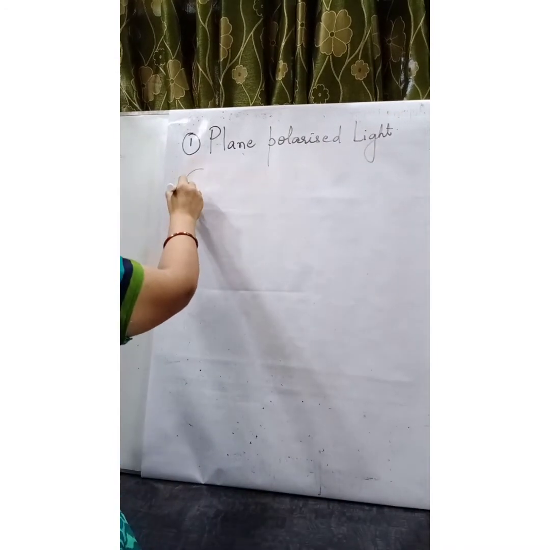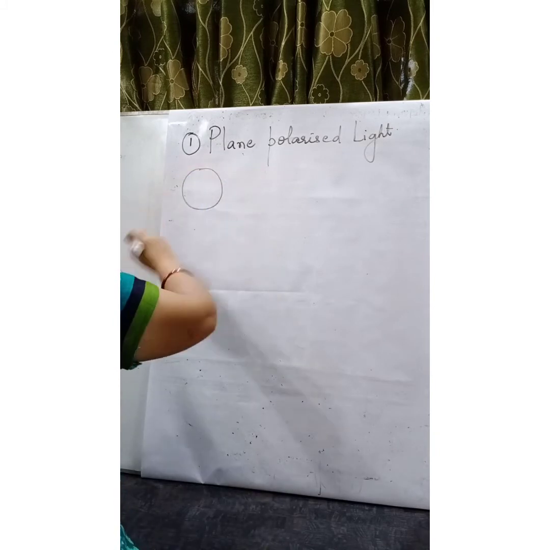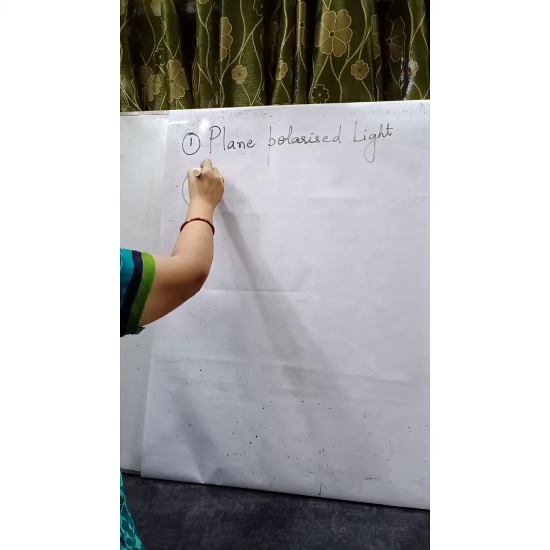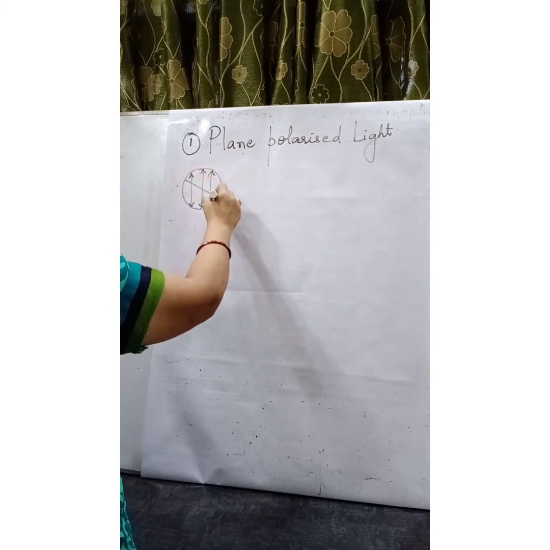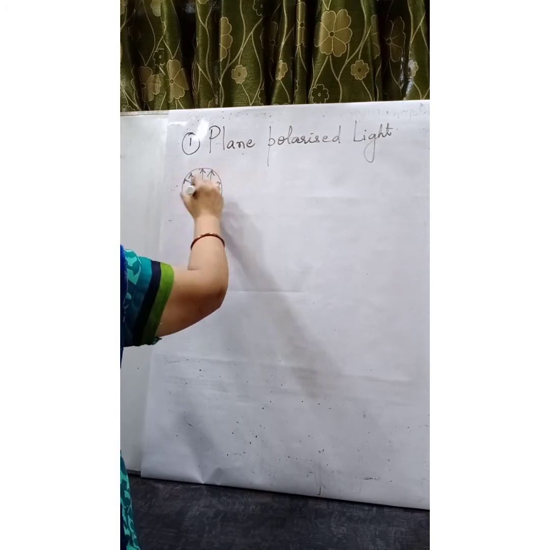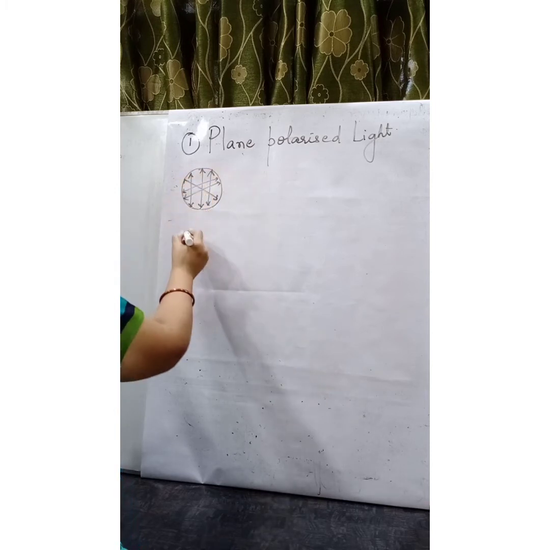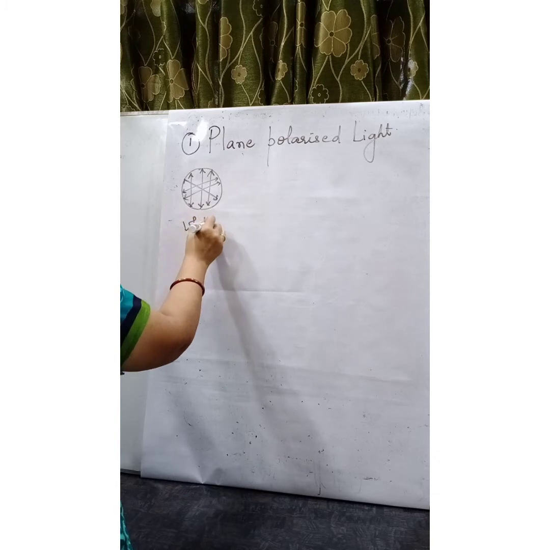If you take a cross section of normal light, you will notice that it is having waves oscillating in all directions. This is a cross section of, say, white light.